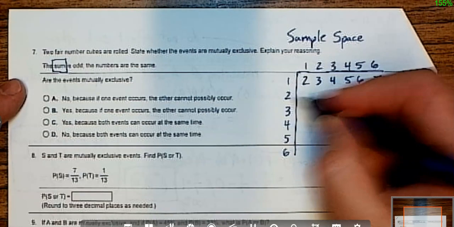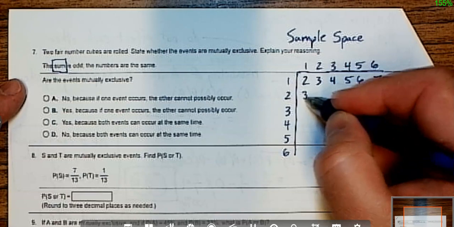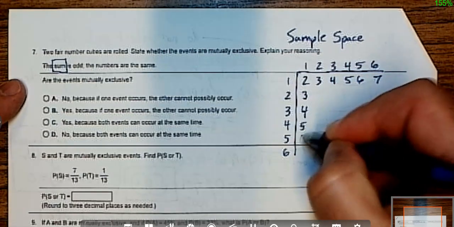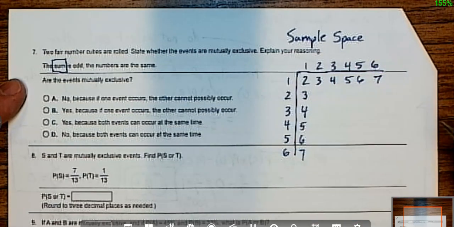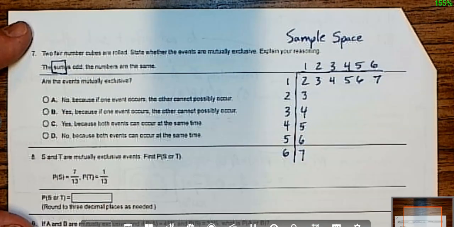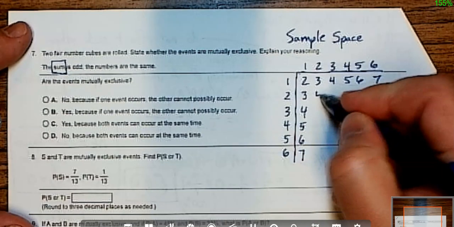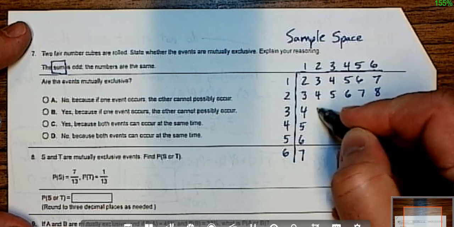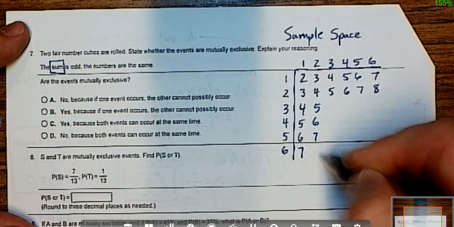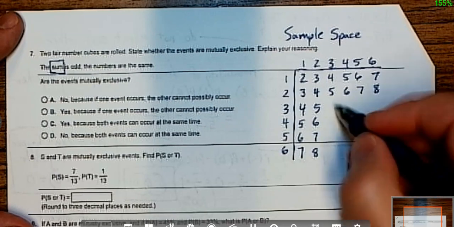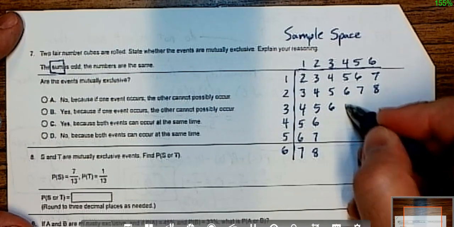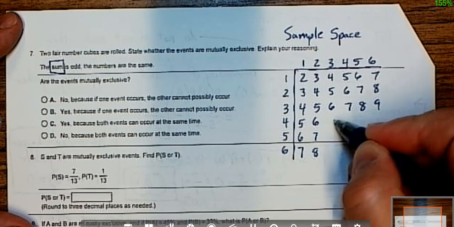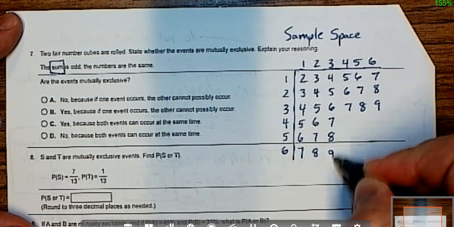If we get a 2 on the first die and a 1 on the second die, we get a 3 and a 4 and a 5 and a 6 and a 7. So column 1 and row 1 look pretty much the same. Well, 2 and a 2, that'd be a 4, 5, 6, 7, 8. 5, 6, 7, 8. 3 and a 3 would be 6, 7, 8, 9.